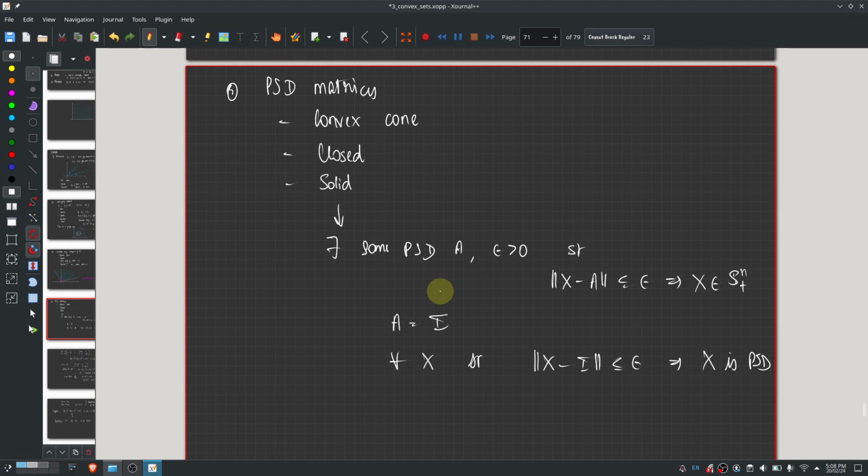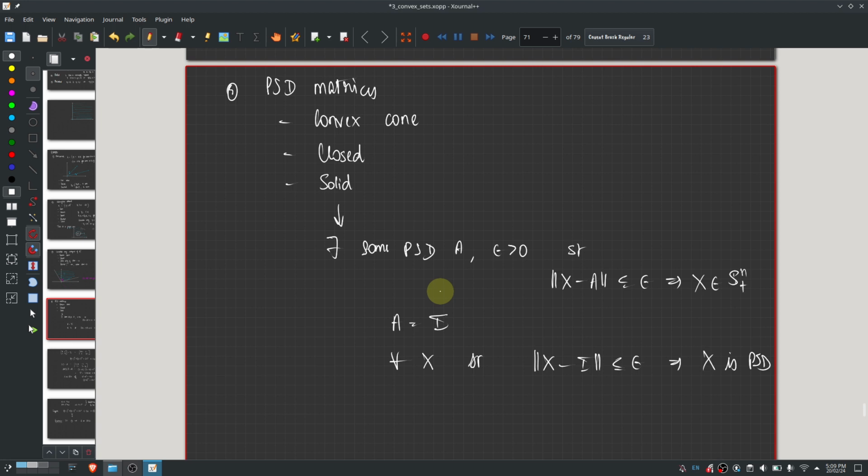And okay, so let me give some more hints. So basically, you take any positive definite matrix, you know that all the eigenvalues are greater than or equal to 0, right? Effectively, what you have to do is consider the smallest eigenvalue, let's call that lambda min.